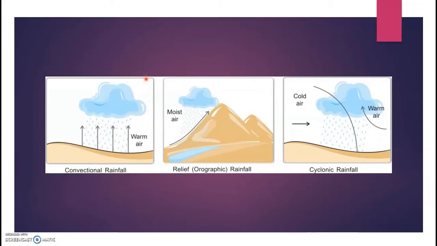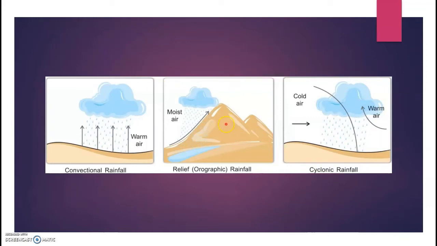Heavy rainfall with lightning and thunder take place, which does not last long. Such rain is usually in the summer or the hotter part of the day. This type of rainfall generally takes place in the equatorial regions and internal parts of the continents, predominantly in the northern hemisphere. This rainfall is usually associated with hail.